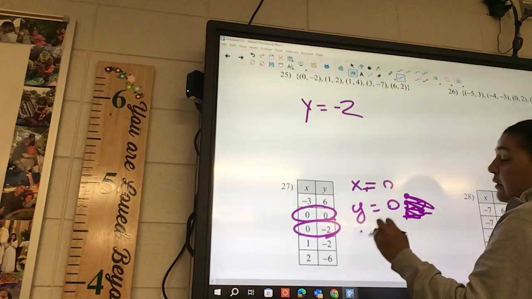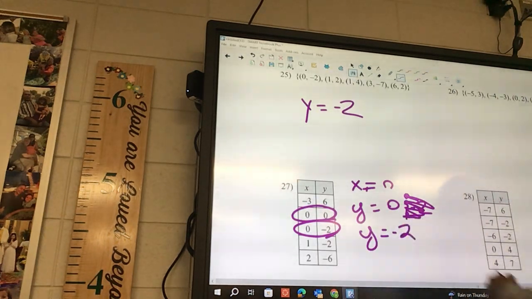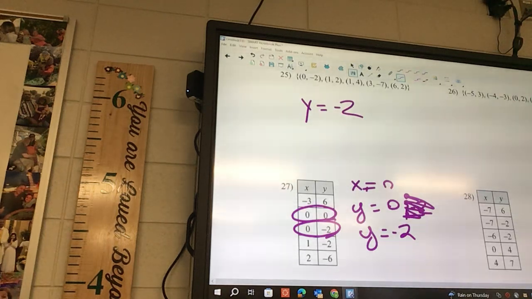So the y has 2 of them. 29 and 30, you can cross off.